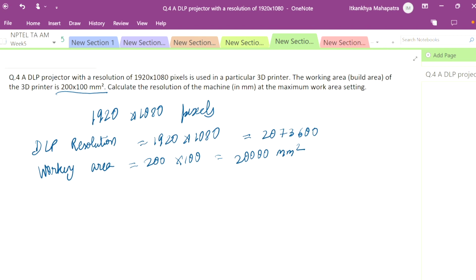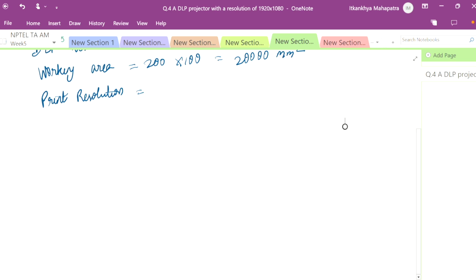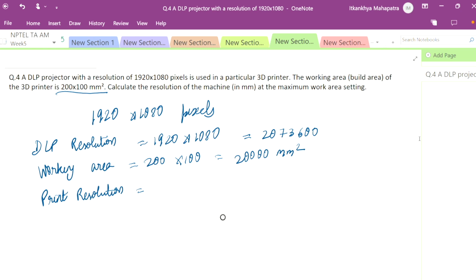Okay, we can start again. So now the print resolution is the working area divided by the DLP resolution.